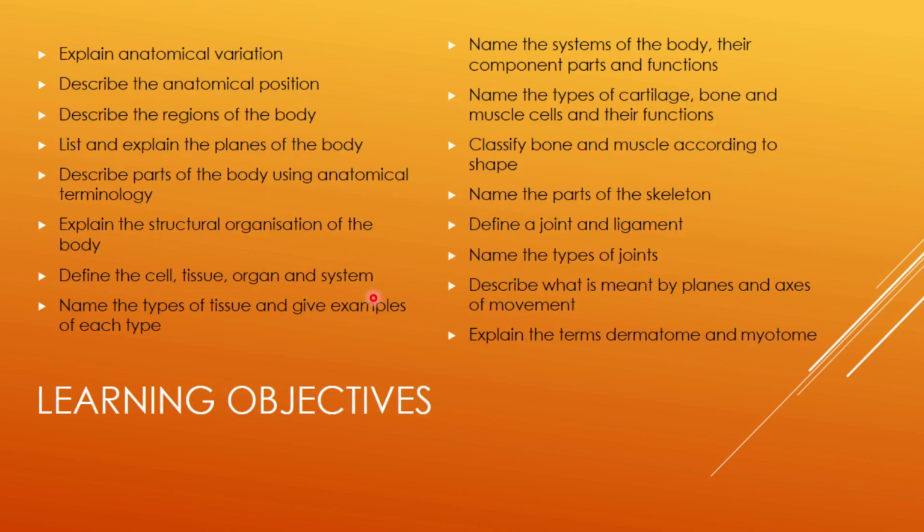So these are the learning objectives and the topics that are going to be discussed during this session. All this information can be found in the introductory chapter of any anatomy textbook. So I recommended Essential Clinical Anatomy, but pretty much any anatomy textbook, the first chapter will cover pretty much all of these themes.